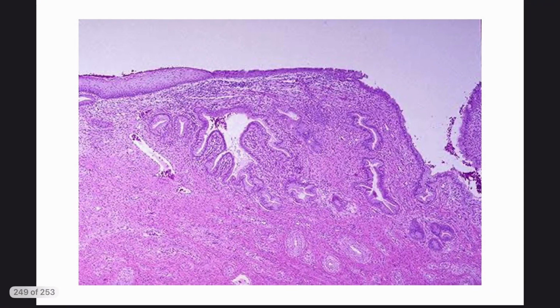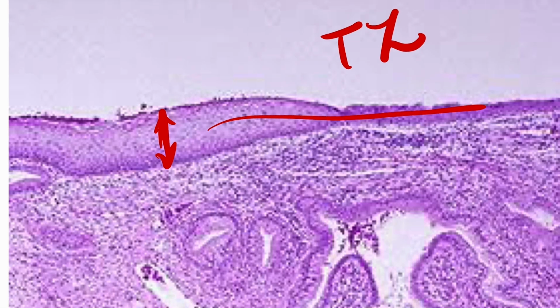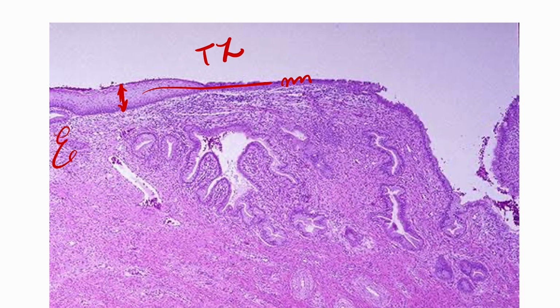This is the low power view of the transformation zone, where you can see the stratified squamous epithelium. When you zoom in, this is the stratified squamous epithelium slowly transforming into a columnar epithelium. This is the ectocervix. This is the endocervix.